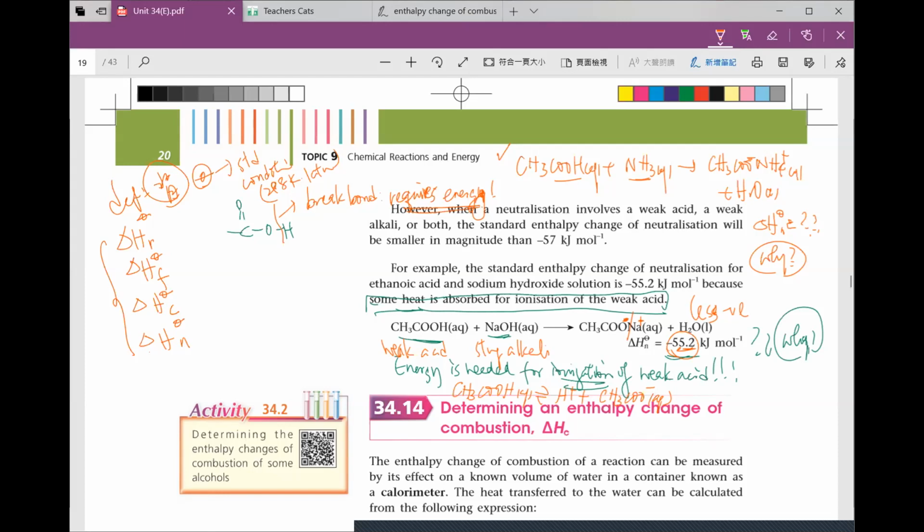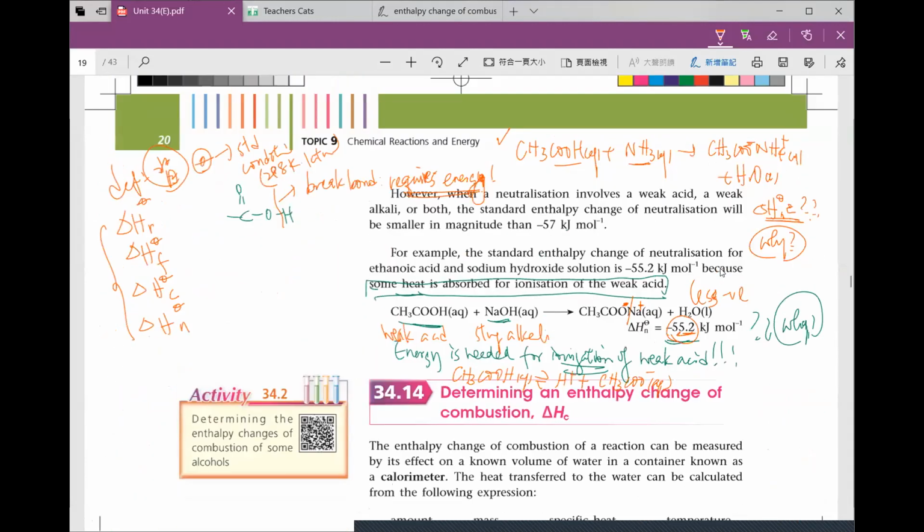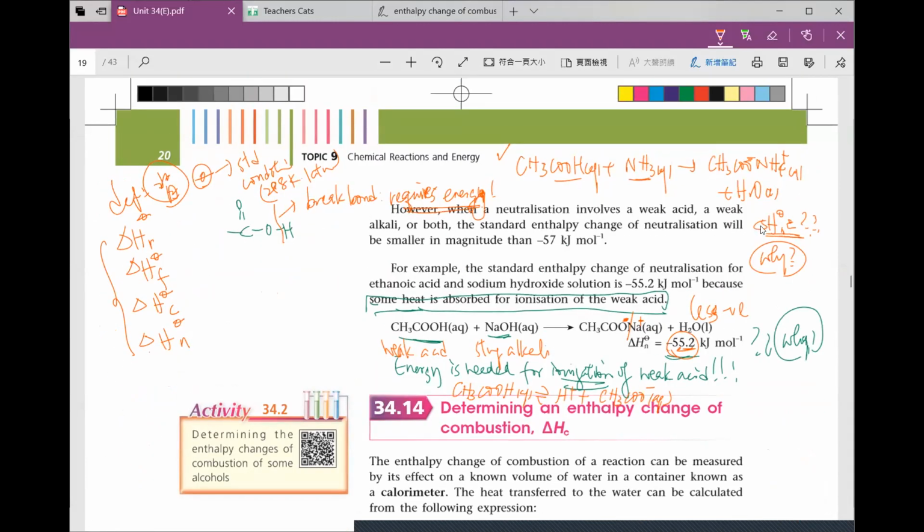So could you please answer why? What is the data for this reaction? Is it the same as minus 55.2, the same as minus 57.1, or maybe less negative or more negative?